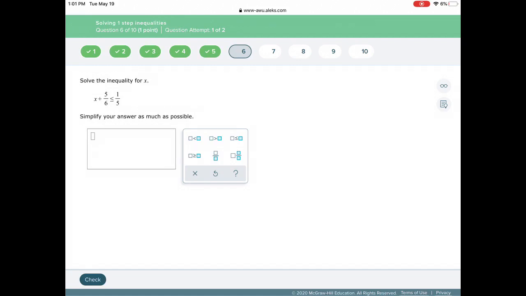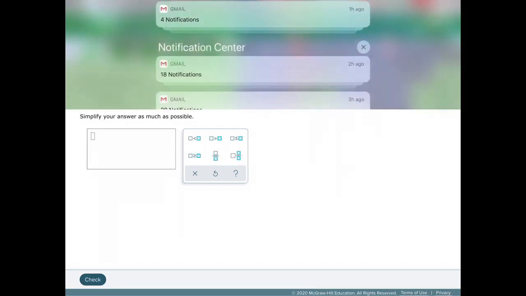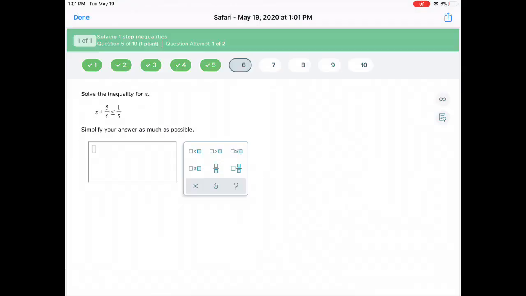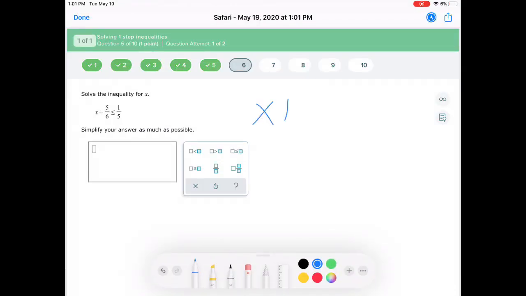All right, another fraction problem where we would get the x by itself by subtracting 5/6. And we don't have a common denominator. So as I write this problem down, I'm actually going to write it with new denominators. So 5/6, common denominator of 6 and 5 is 30.